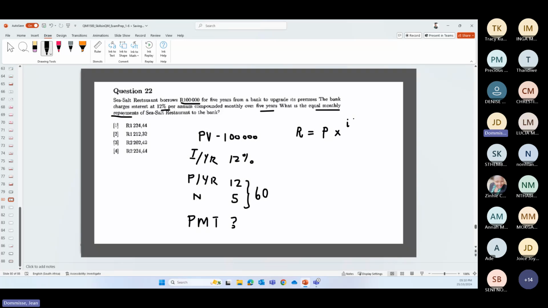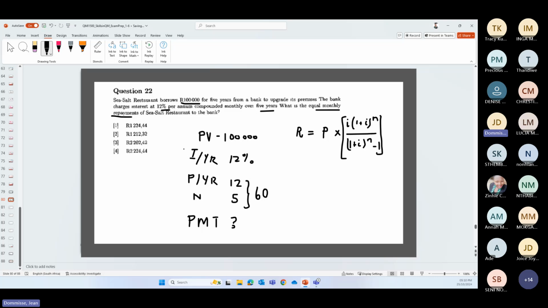It looks something like this, and all of that is in brackets. So that would have been the formula. Let's quickly check when we work it out.